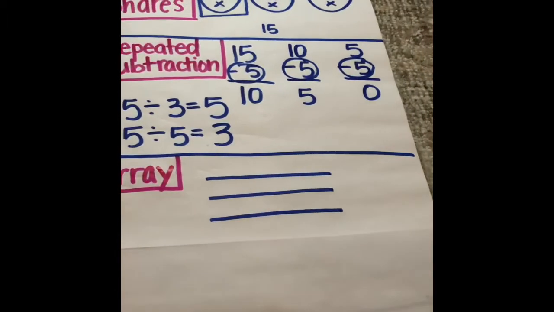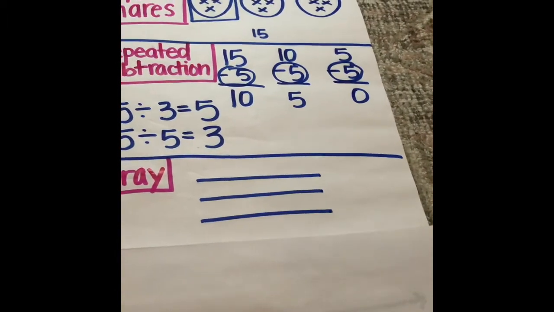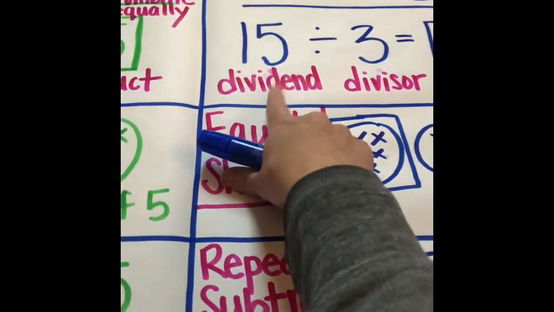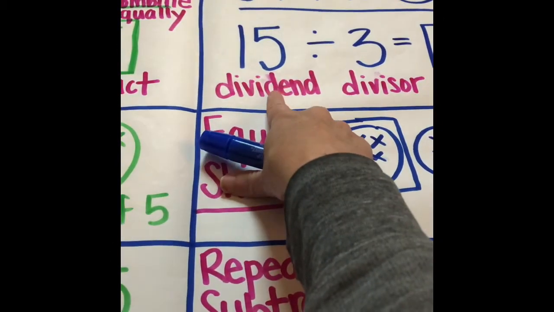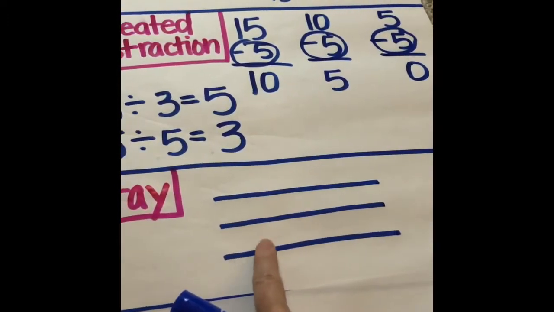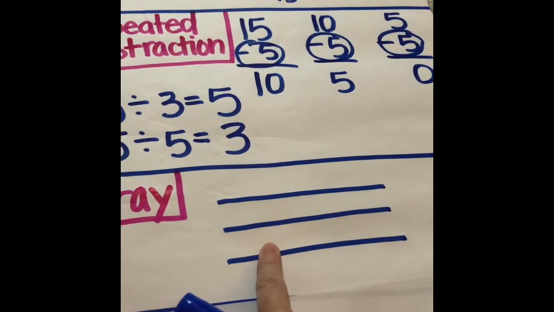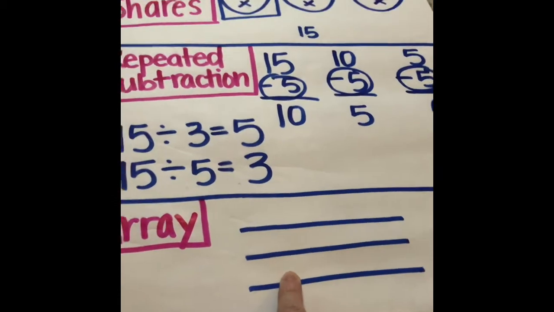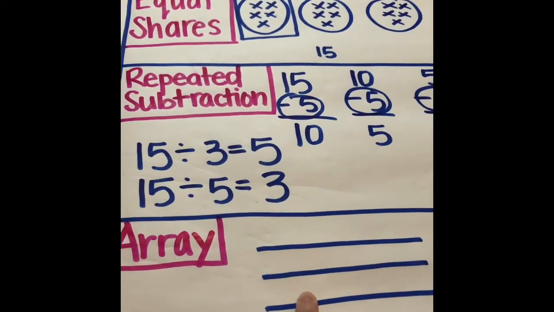Now here's where things get a little different. Since I don't know what my quotient is yet, I'm going to go back to my dividend. I know that I have to share this number, 15, equally among these 3 rows. So I'm going to start making my columns knowing that I have to count all the way to that dividend, which is 15.